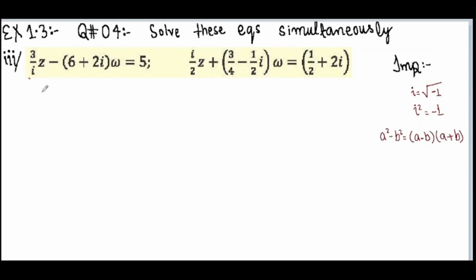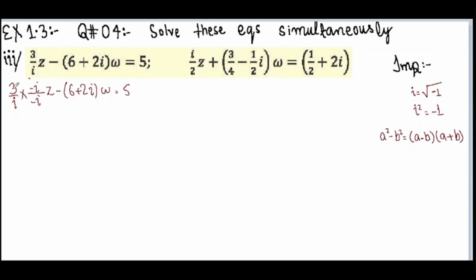So first of all we are going to rationalize all these terms, so we get 3 by iota. How do we rationalize? We multiply and divide it by the conjugate of the complex number in the denominator. Here the denominator is iota, so its conjugate is minus iota into Z minus. The rest of the terms would remain unchanged. 6 plus 2 iota into W equals 5.